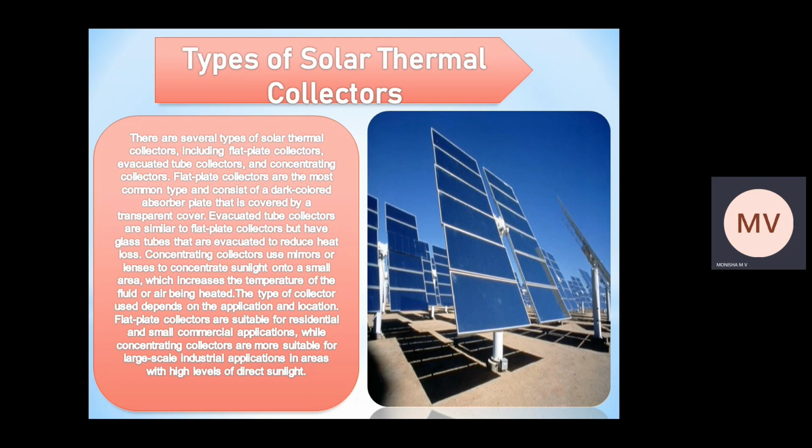Evacuated tube collectors are similar to flat plate collectors, but use glass tubes that are evacuated to reduce heat loss. Concentrating collectors use mirrors or lenses to concentrate the sunlight into small areas, which increases the temperature of the fluid or air being heated.